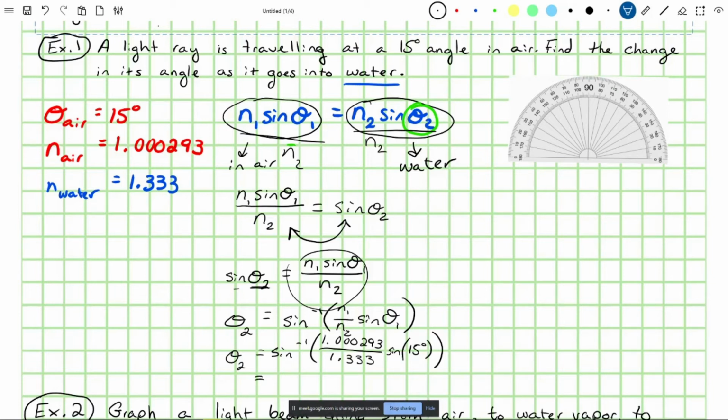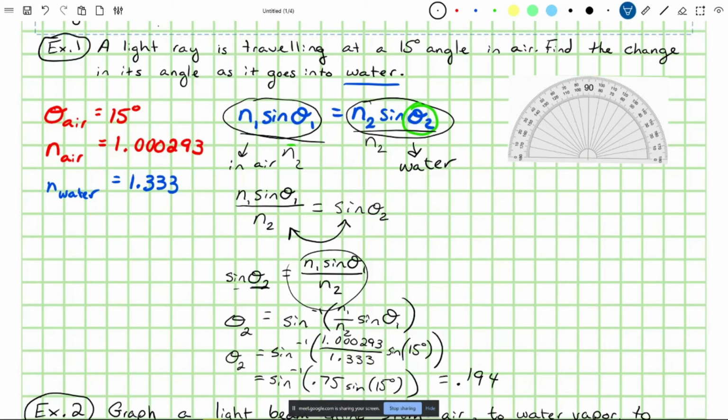1.000293 divided by 1.333 is 0.75. So inverse sine of 0.75 times sine of 15 degrees. Okay, let's see, 0.75 times the sine of 15 degrees is 0.194.